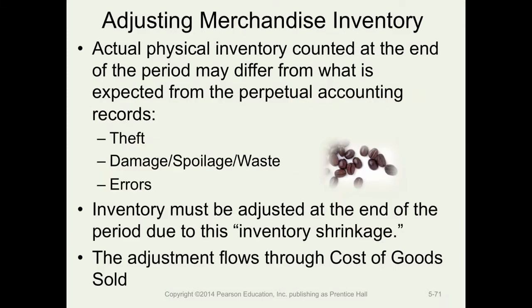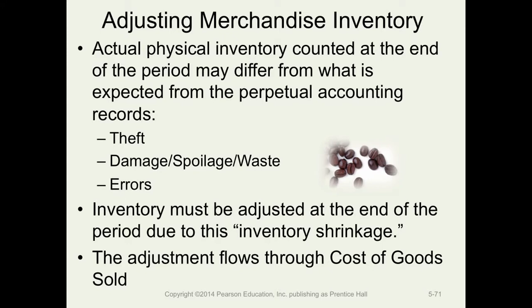Now, the key adjustment for merchandise inventory is where we have a physical count at the end of the year that will differ from the amounts that are recorded in the perpetual records. And that brings up a very important point, that even though you have a perpetual inventory system, auditing standards require that a physical count is taken each year.